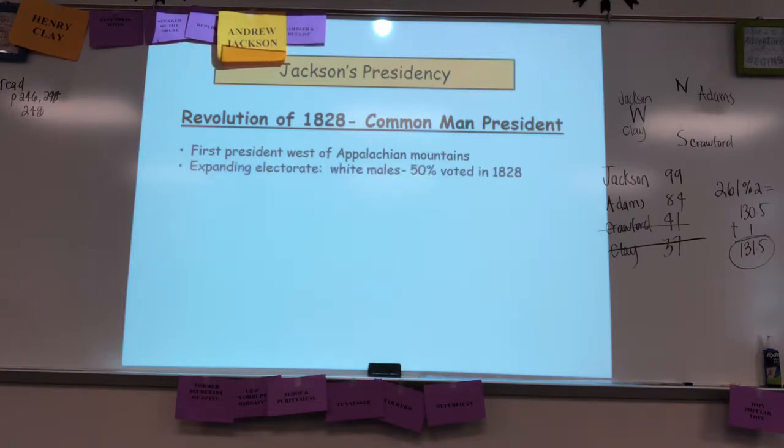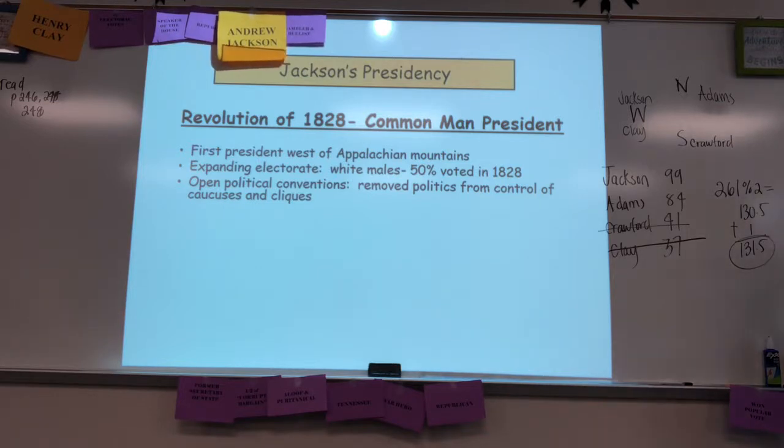We see expanding electorate. So this is what goes into question 11. An expanding electorate. There are more white males. Are they privileged or are they common? Common. We see open political conventions. It used to be that our presidents were selected by the very rich.